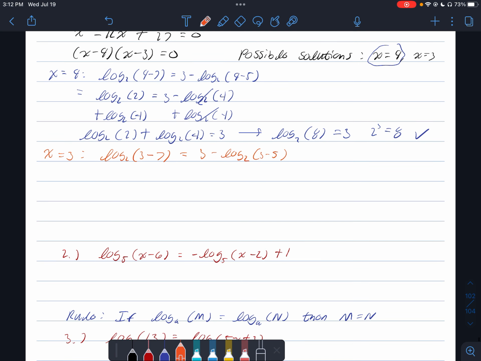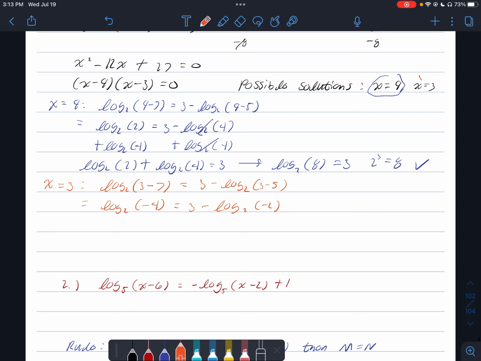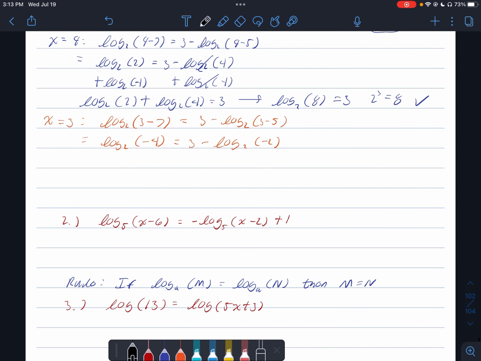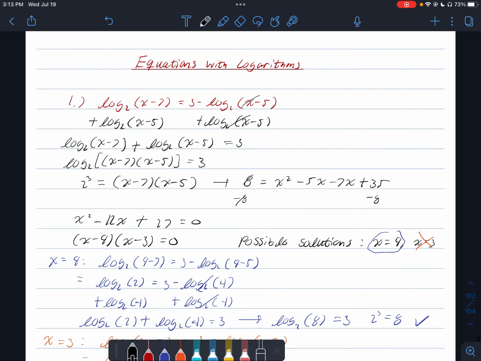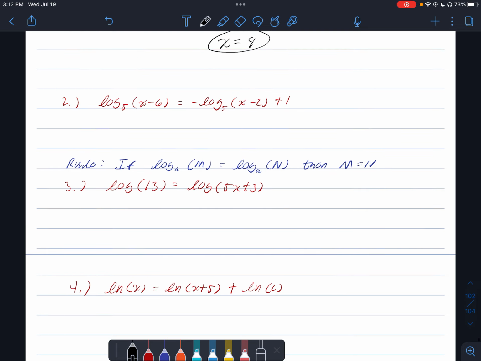Okay, and really we're already done. We know this is not a possible solution because this will give us log base 2 of negative 4 equals 3 minus log base 2 of negative 2. And we can't take logs of negative numbers, so x equals 3 is not a solution. So x equals 9 is the only solution that is valid for this equation.